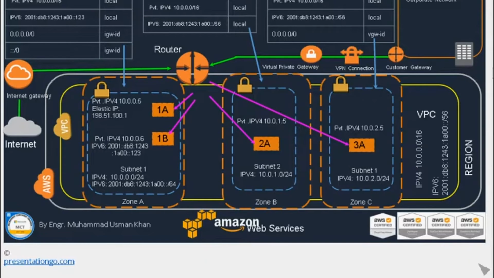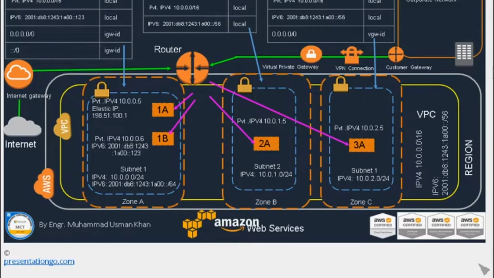So how am I confident that it is connected to the public, it is connected to the private, and it is connected to the data center? Let's see the route table. In the route table, the destination is 10.0.0.0/16 local. The second route table, which is connected to the second availability zone, as you can see, has the same destination and same target.